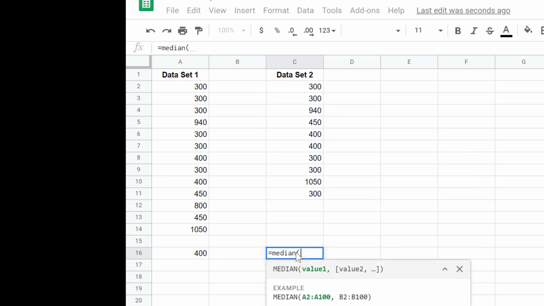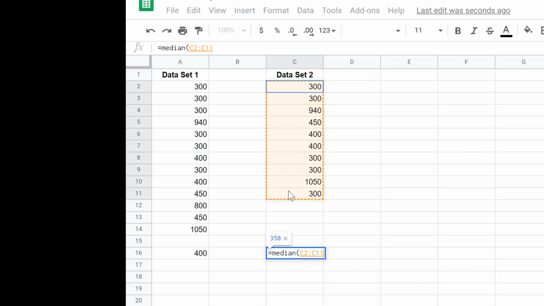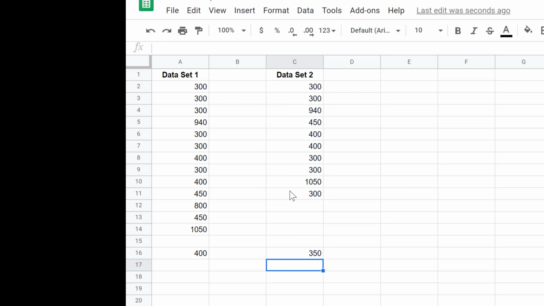For the second set we type in median, highlight it, and we get 350. So the median for the first set is 400, and the median for the second set is going to be 350. Now you'll notice here in this second set none of our values is 350. So what that tells me is that somewhere in the middle we had a 300 and a 400. This was an even set of data, so it took the average of those two middle values.